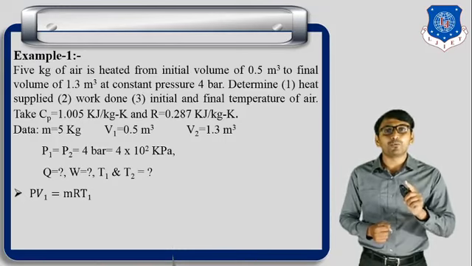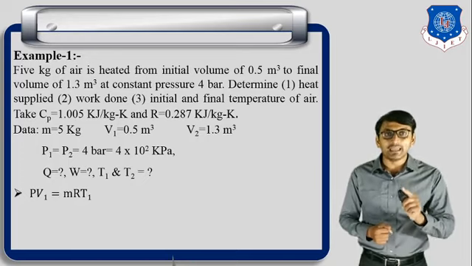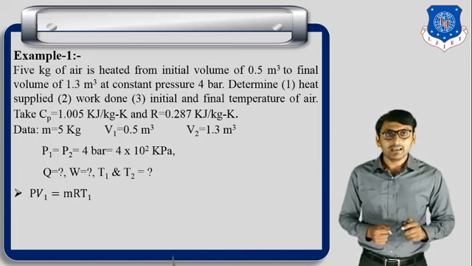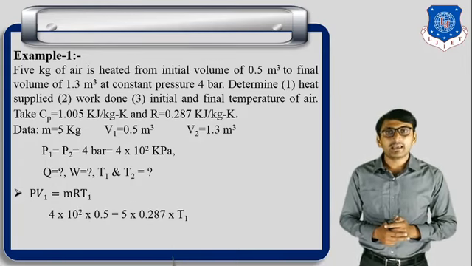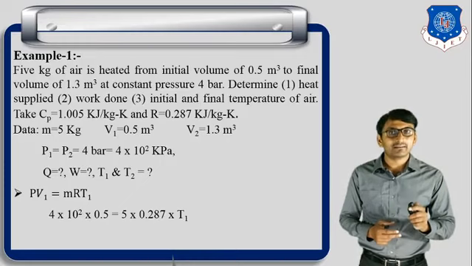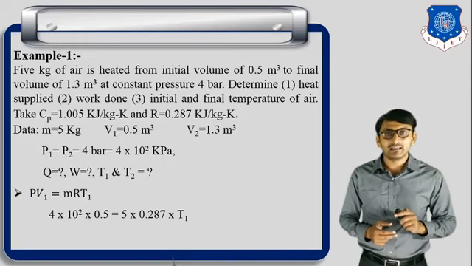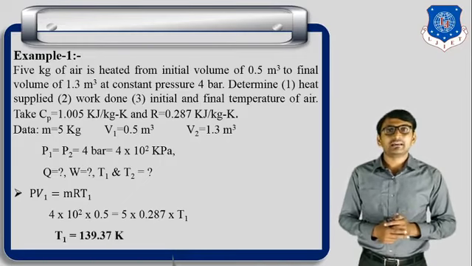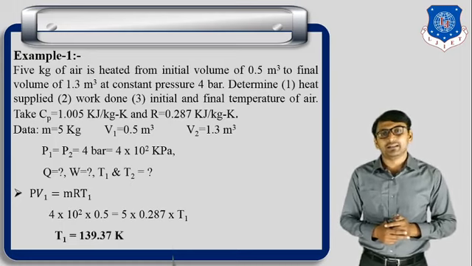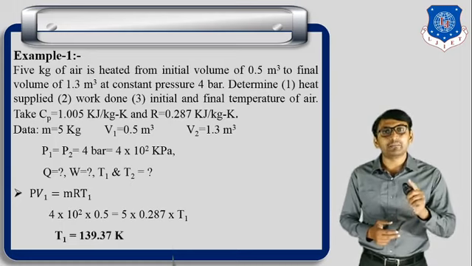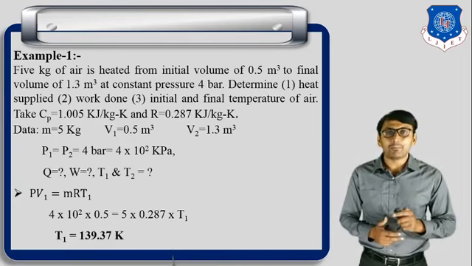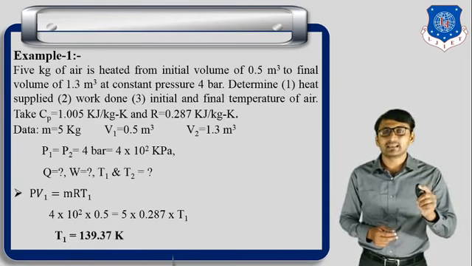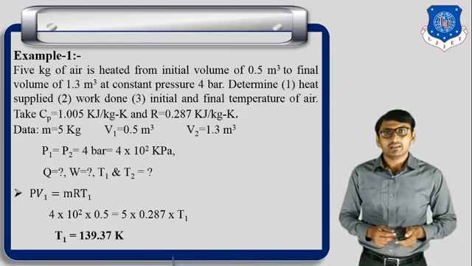So P1 V1 is equal to mRT1. Now put the values of P1, V1, m and R from the given data. We get the value of T1, the initial temperature, that is 139.37 Kelvin.